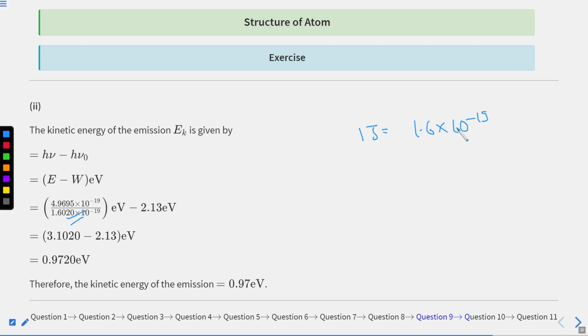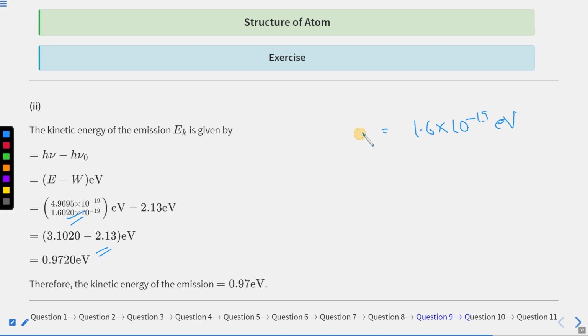Clear? 1 electron volt is equal to this much joule. Now 1 joule is equal to this much by that much. So finally, this relation is written wrong.